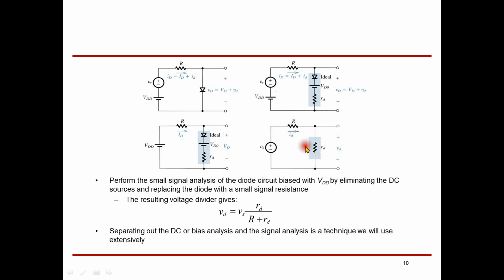So separating out the DC or bias analysis and the signal analysis is a very important technique. Small signal analysis plays a very important role.